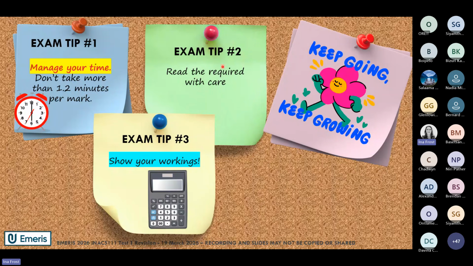So these two, you can actually nearly say go hand in hand. That you manage your time, and the way you're going to manage it is to make sure you know and understand exactly what they want me to do.